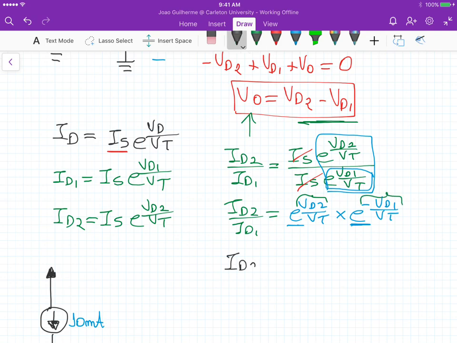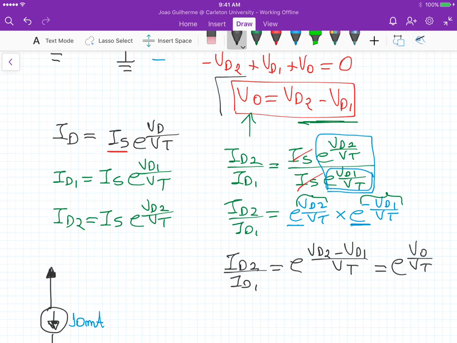So ID2 over ID1 equals exponential of VD2 minus VD1 divided by VT, and this equals exponential of V0 divided by VT, because of the loop analysis, where we know that VD2 minus VD1 is equal to V0.